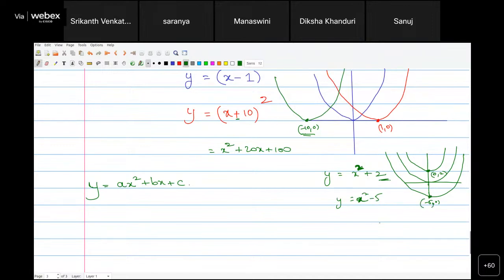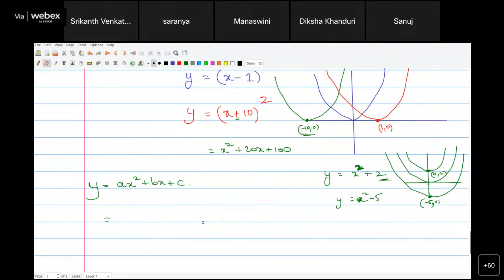Okay. So now understand this. Come here. Try to write this function as something like a square plus some constant.